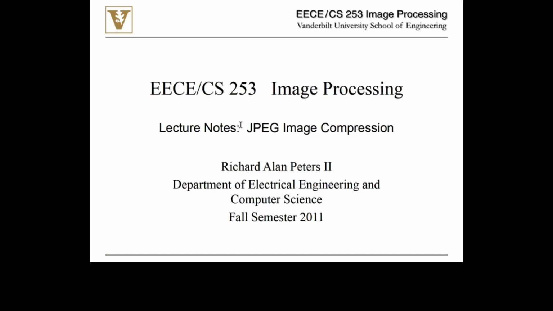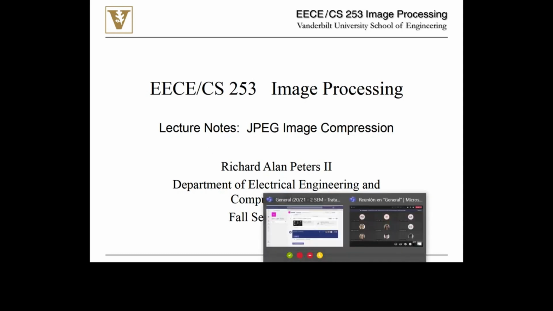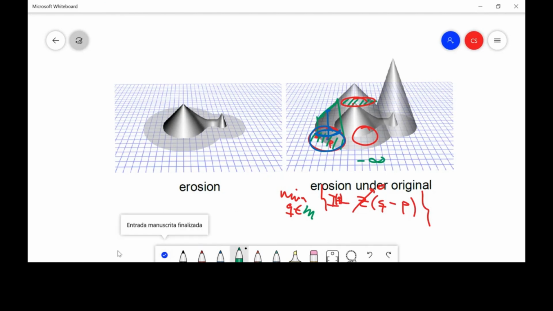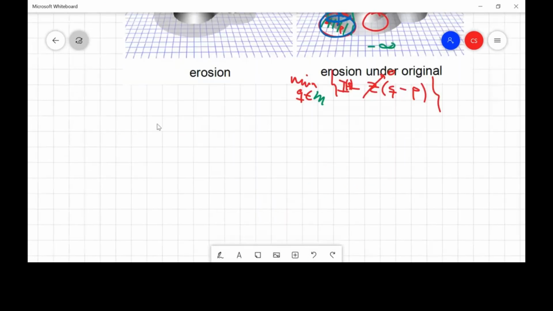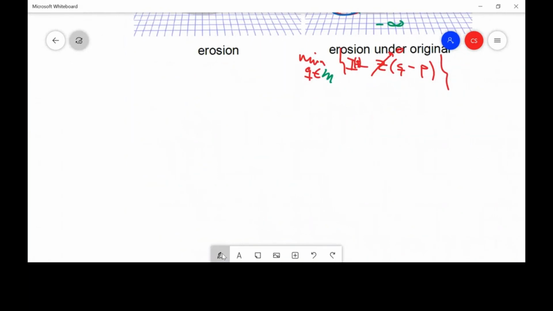JPEG image compression. So JPEG is probably a file format. So a file format is, okay, so we have focused in the course on the image content.